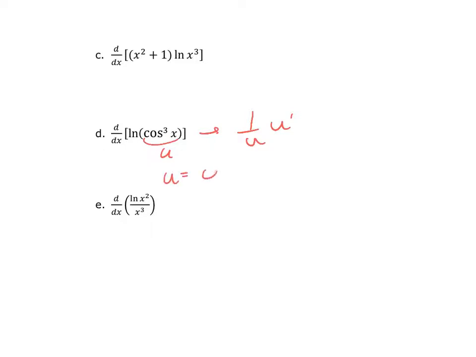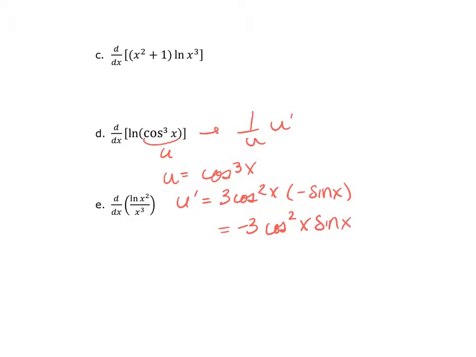If u is equal to cosine cubed of x, u prime must be what? 3 cosine squared x multiplied by negative sine x, because it's the chain rule. So u prime equals 3 cosine squared x times negative sine x. Do you all agree to that?